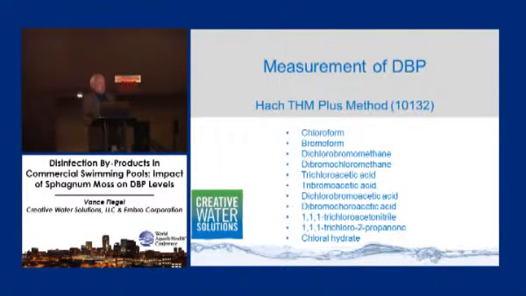It also measures haloacetic acids such as trichloroacetic acid, tribromoacetic acid, dichlorobromoacetic acid, and dibromochloroacetic acid. It measures acetonitrile, trichloroacetonitrile, and trichloropropanone, which is a ketone, and also chloral hydrate. So it doesn't measure just trihalomethanes, but also all the haloacetic acids, which also have toxicity, as do the ketones.